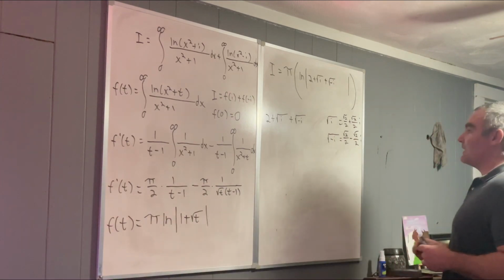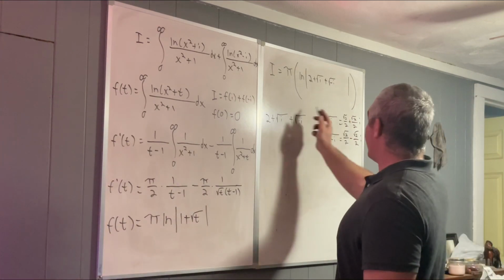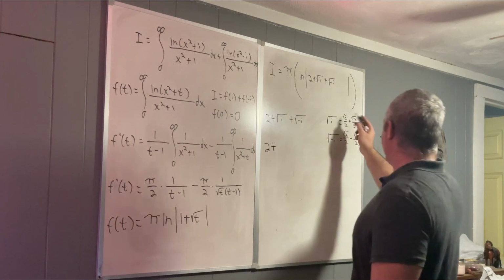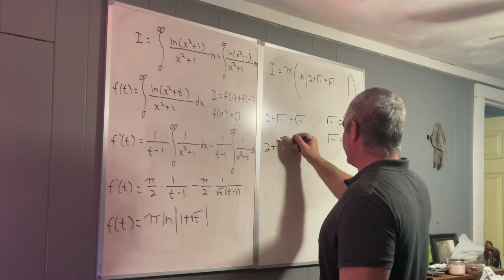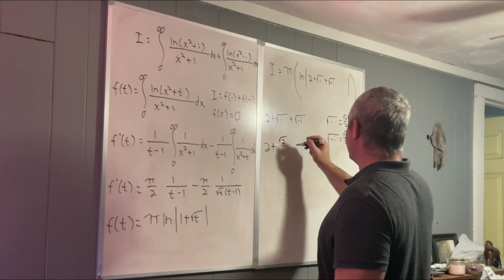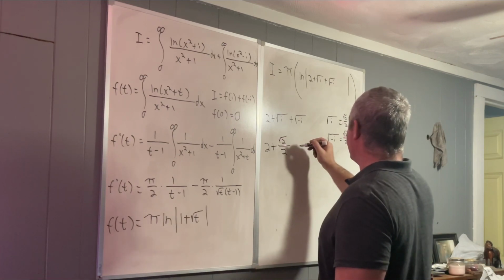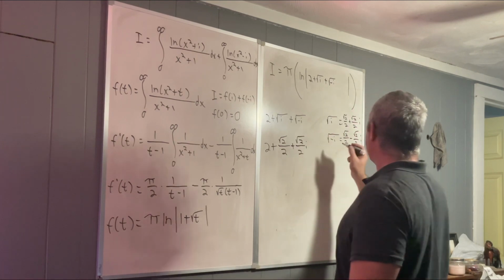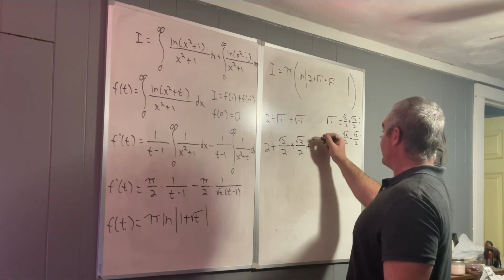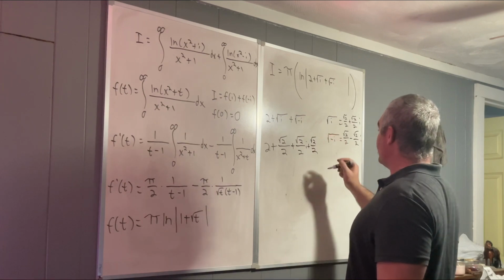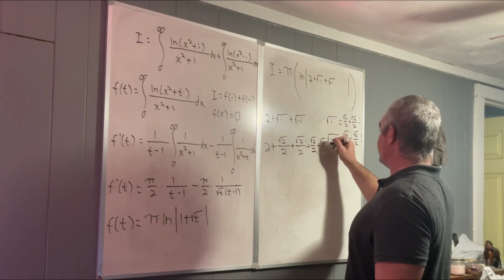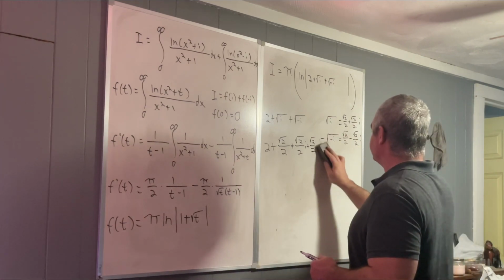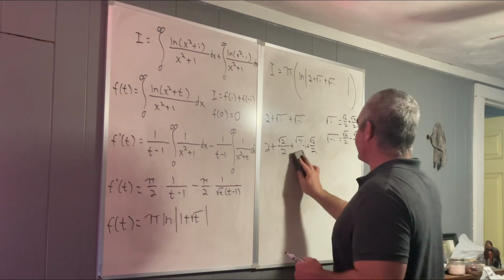All right, so let's rewrite that. So now this whole thing becomes 2 plus this. We have square root of 2 over 2 plus the square root of 2 over 2 i plus the square root of 2 over 2 minus the square root of 2 over 2 i. This and this cancel.